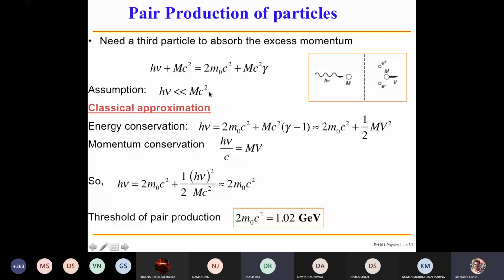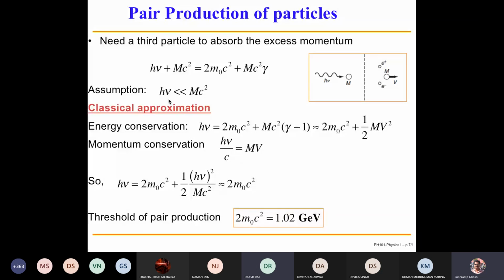If you go across the periodic table for the heavier atoms, it's way higher. So therefore, I can safely make an assumption that this h nu is much less than mc square. So in that case, the atom will not attain relativistic speeds, and we can make a classical approximation.